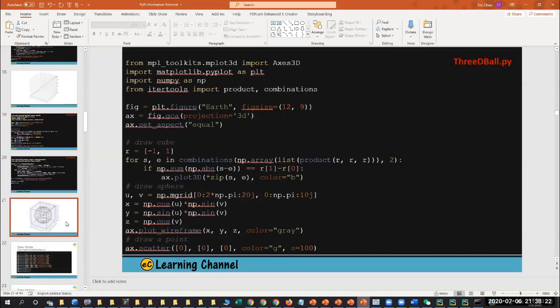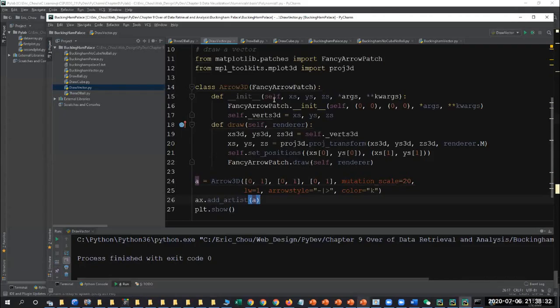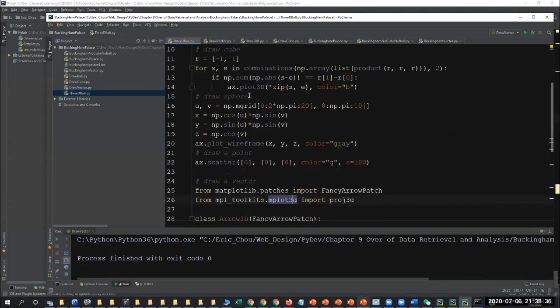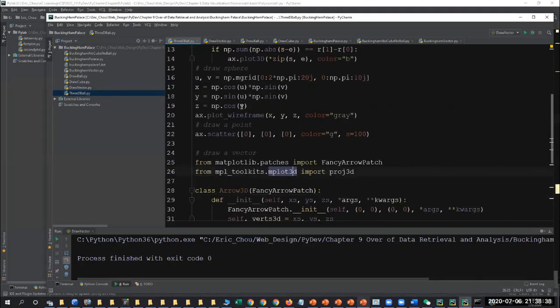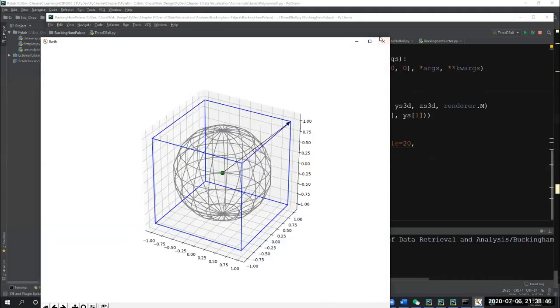So for the 3D ball, we are going to plot like this and an arrow that is actually a vector like that. Okay, so we pretty much put back everything together we have so far, the cube, the sphere, and the vector. And it will be something like this.